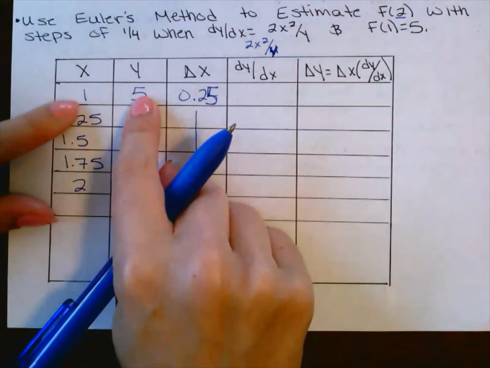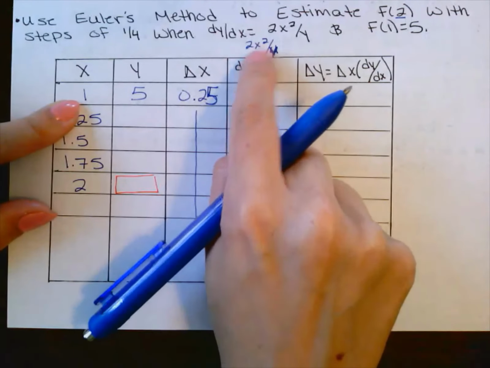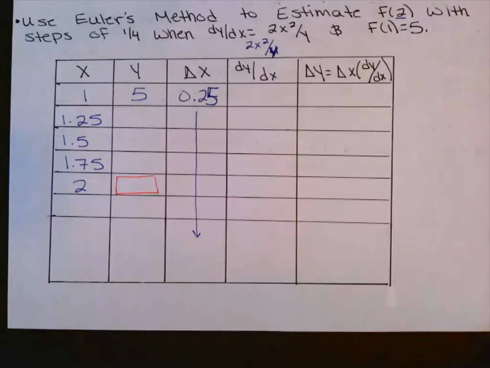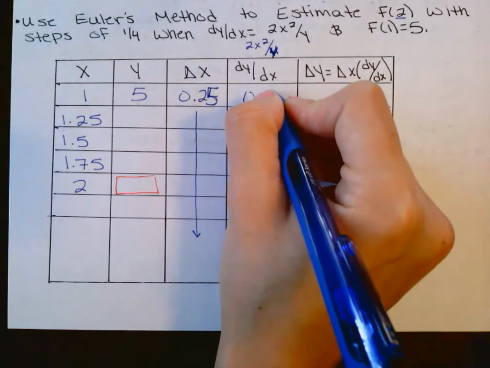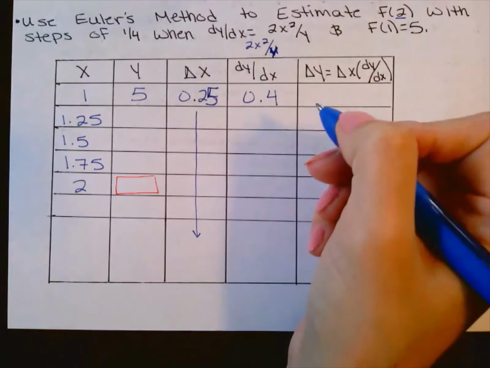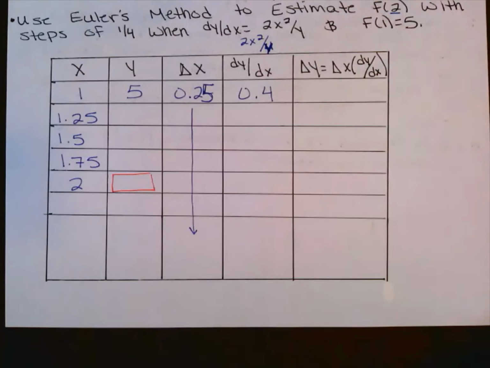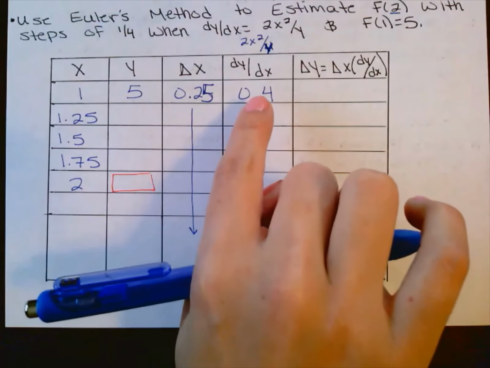If I'm plugging x and y into my dy dx, okay, I have 1 squared times 2 divided by 5. I end up with 0.4, okay? Now, I'm going to multiply these two together. 0.25 times 0.4.